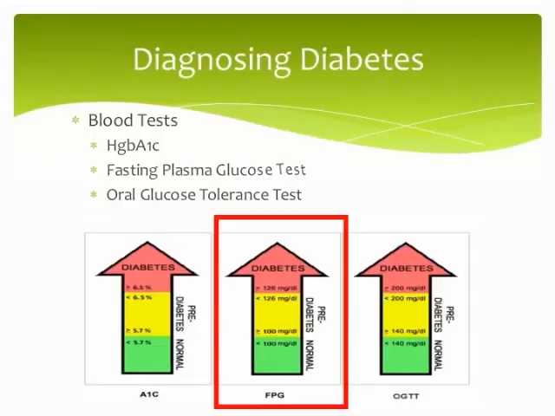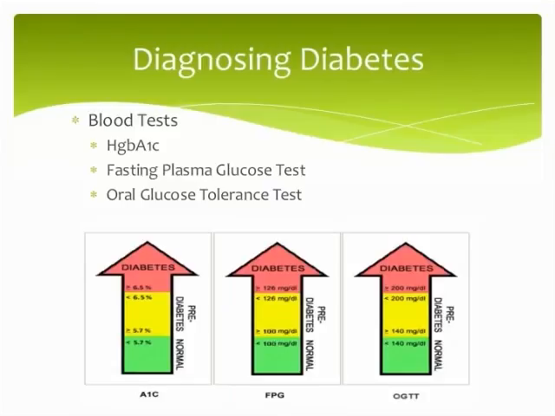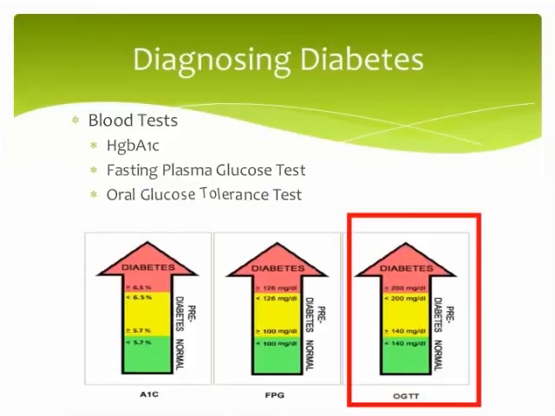The fasting plasma glucose test gives the level of glucose in the blood after not eating for usually a period of 8 hours prior to the blood draw. Normal levels are less than 100, prediabetes between 100 and 126, and the diagnosis for diabetes comes at a level of greater than 126. Lastly, the oral glucose tolerance test is conducted over a period of 4 hours.